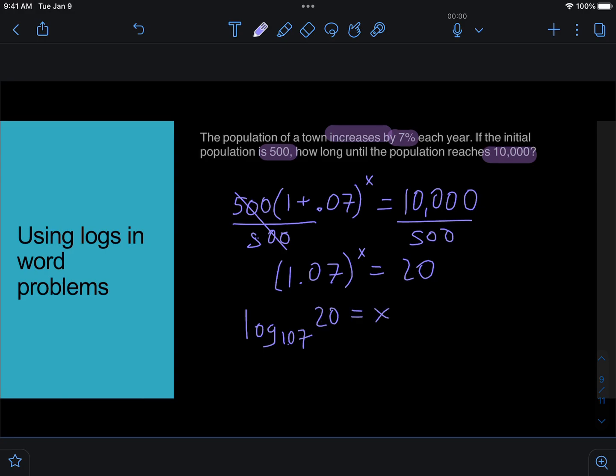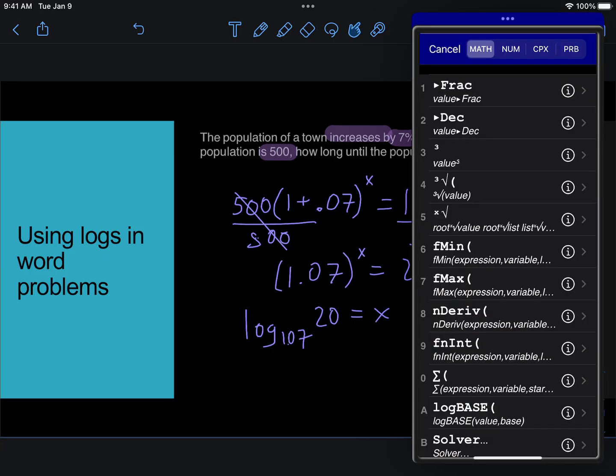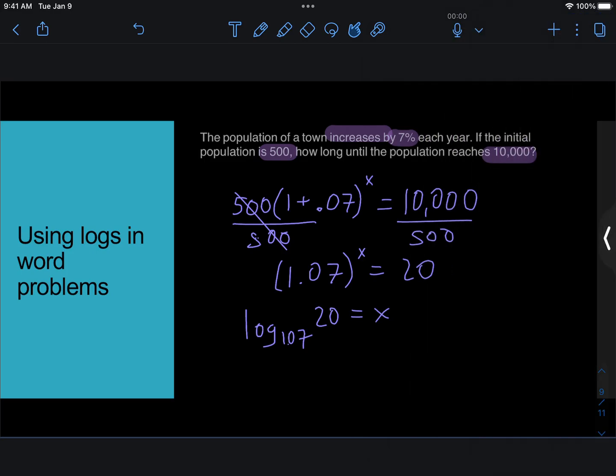And this is something that I can solve with my calculator. So again, hit the math button, our log base function, and 1.07, 20, hit enter, and 44 point, we'll round that to 28 is our answer. So 44.28 years, rounded to the nearest hundredth of a year.